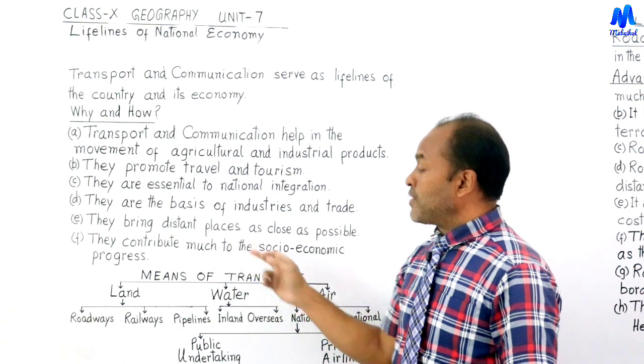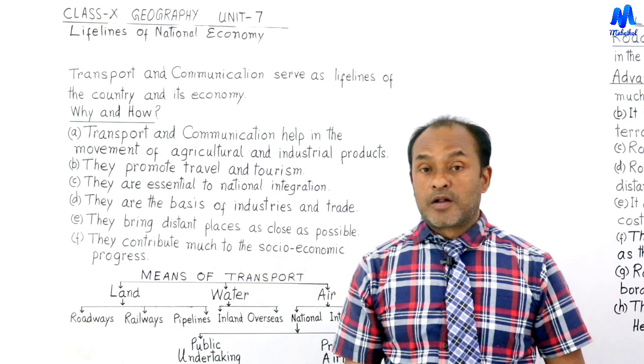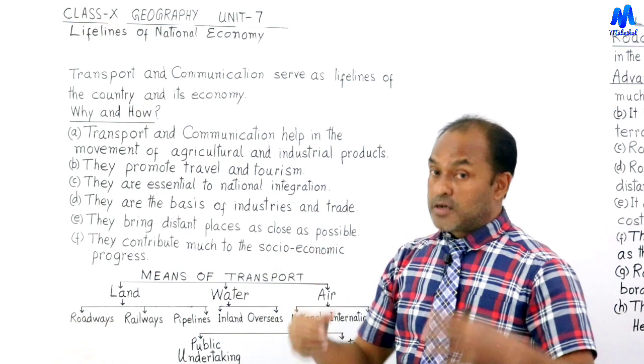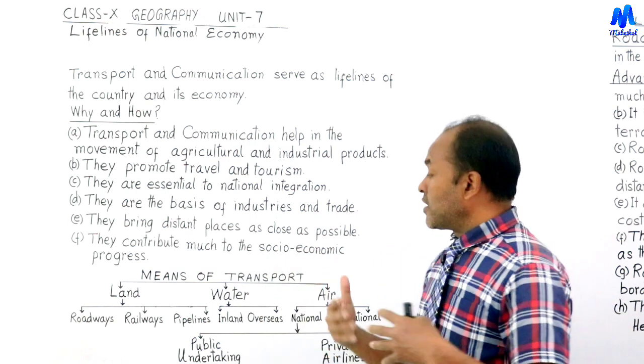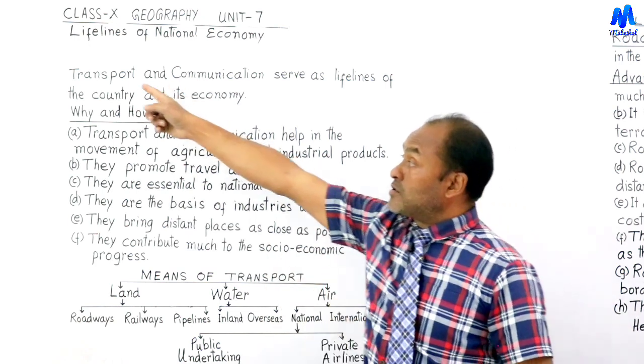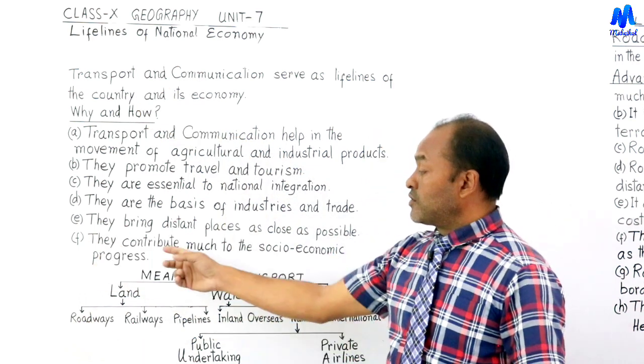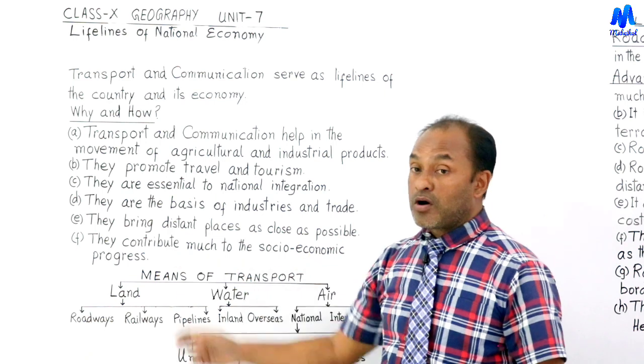They bring distant places as close as possible. Many distant places are well connected by this transport and communication. Okay. In number F, they contribute much to the socio-economic progress.